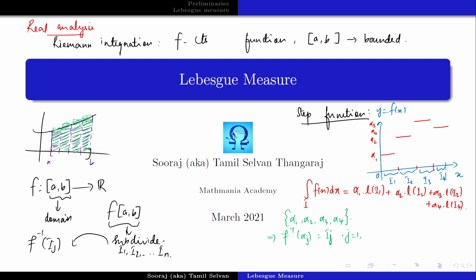For j running from 1, 2, 3, 4. Now, we will have to attach the length of these things. So that is summation, j runs from 1 to 4, alpha j times the length of these things is the integral value.